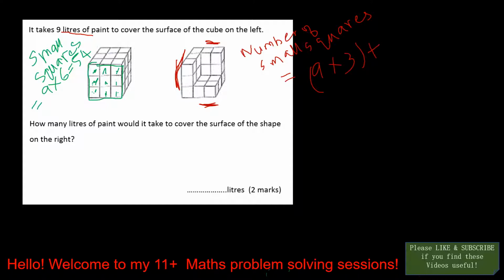And then plus we have to do the squares here. So I'll do in purple, I'll draw a line along the squares that we are counting. So we've got 9 times 3, that's done. So we'll add the squares.